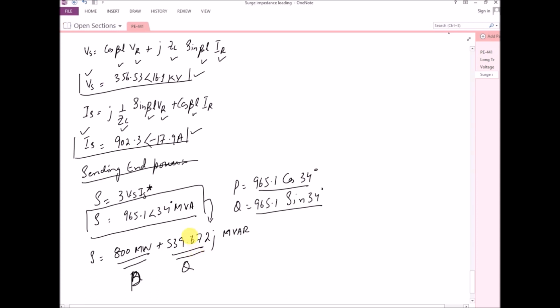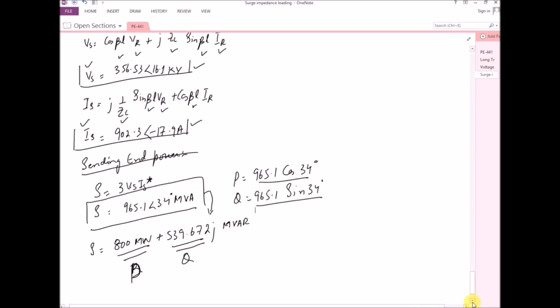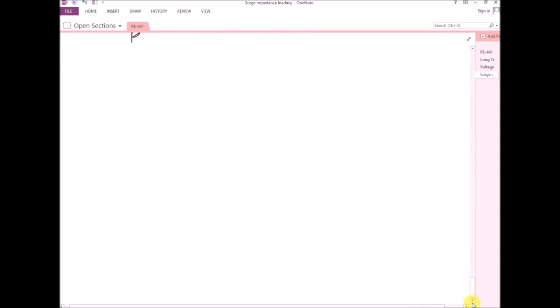So this is the second part that you have to solve, and the last thing that you have to calculate is voltage regulation. So from the formula of voltage regulation, VR is equal to (V no load minus V full load) over V full load, into 100.